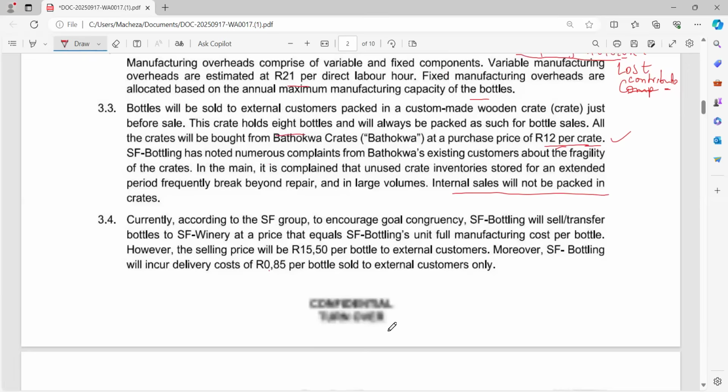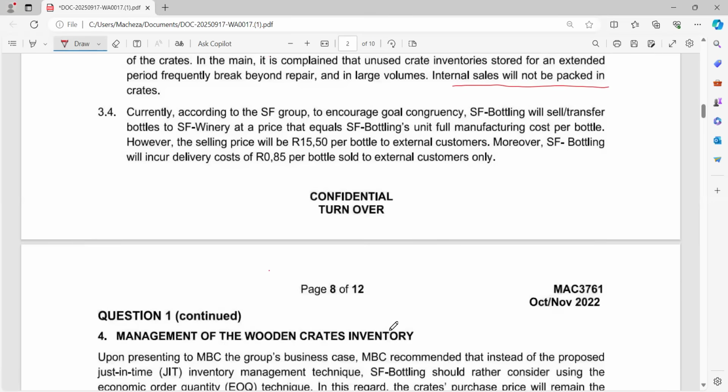They say, currently, according to the SF group, to encourage goal congruence, SF bottling will sell or transfer bottles to SF winery at a price that equals SF bottling's unit full manufacturing cost per bottle.